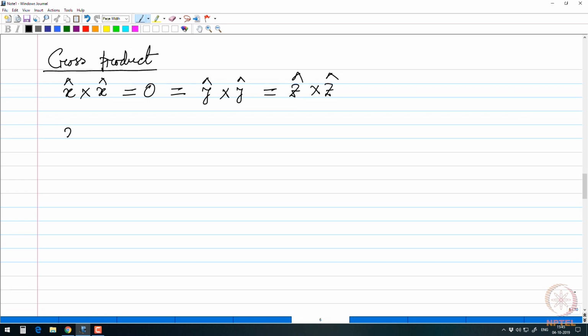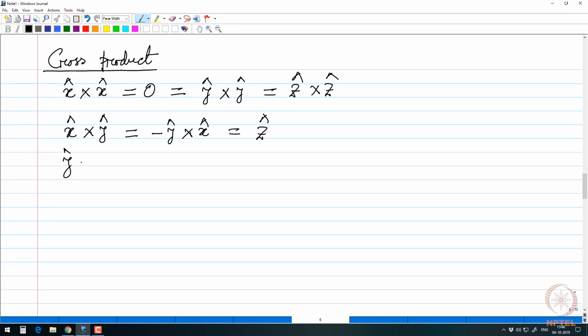If we take x cap cross y cap, that is minus y cap cross x cap, as we have found out for any two vectors earlier, and this equals z cap in orthogonal Cartesian coordinate system.